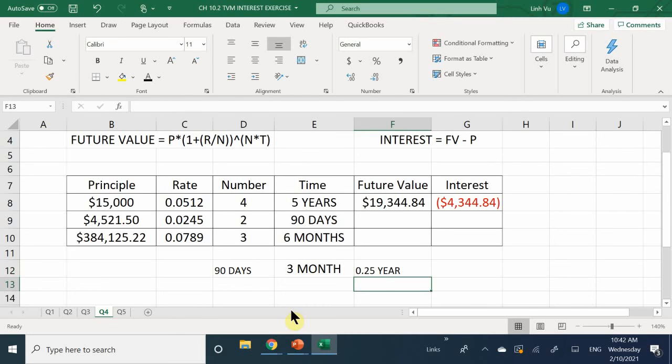So make sure that you place a quarter in for time. All right. So let's go ahead and solve for this right here. What is going to be my future value here?